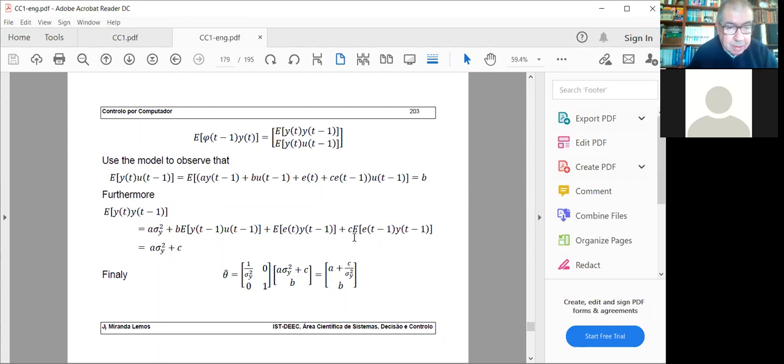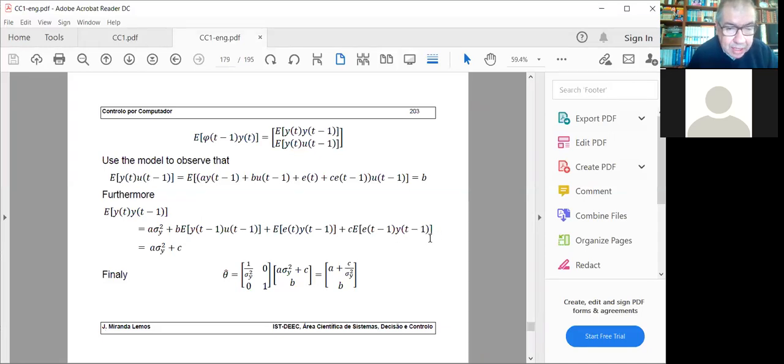Now we have the expectation of e_{t-1} y of t minus 1, and y of t minus 1 depends on e_{t-1}, and so on. Okay? So you have c and the expectation of the last element, because e will be independent of all the others.